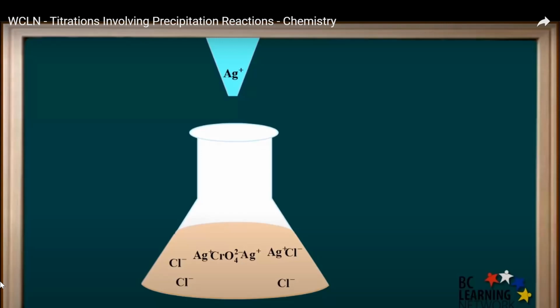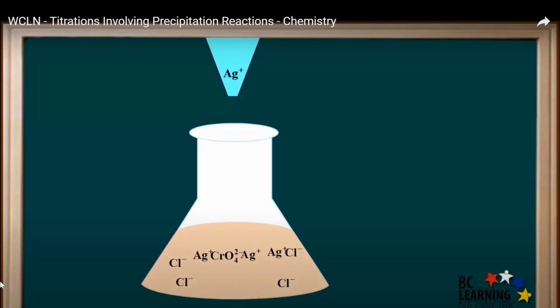But what will happen next? Bam! Because the silver does not like being with chromate as much as with chloride, it will dissociate and it will grab onto the chloride instead.